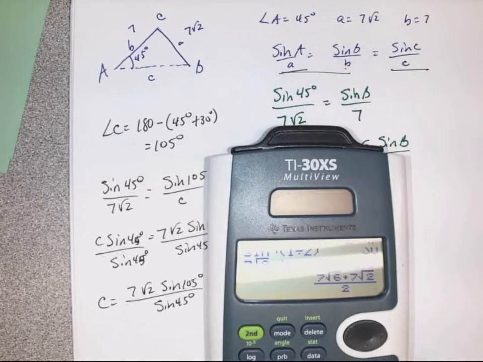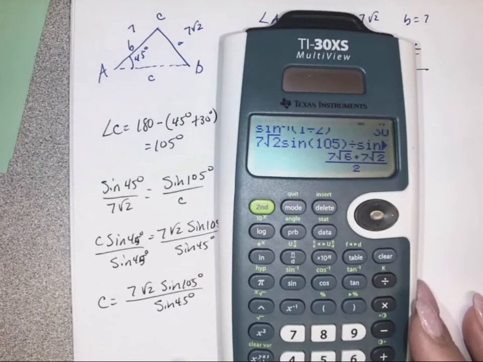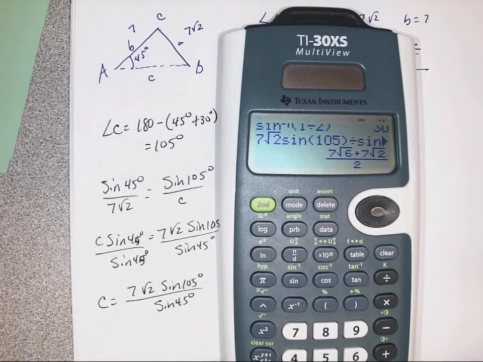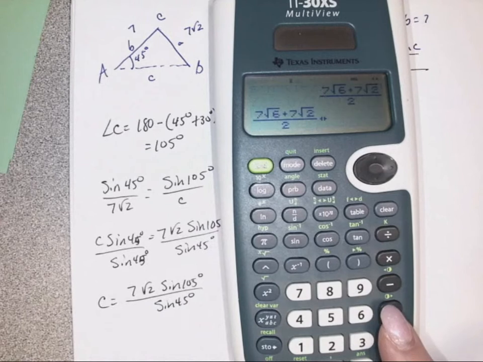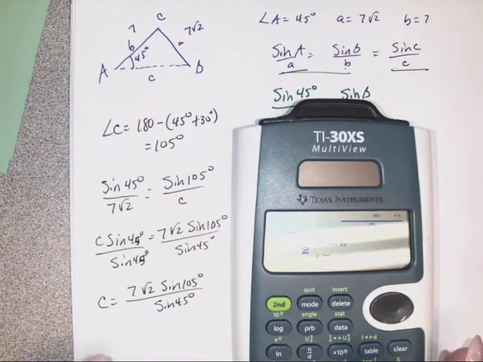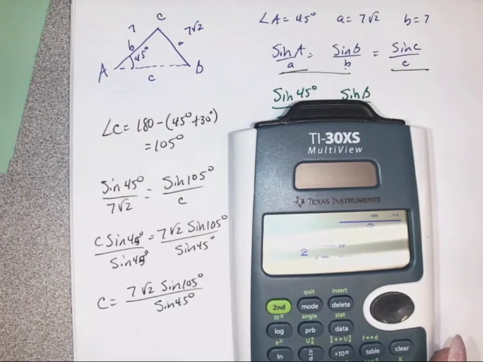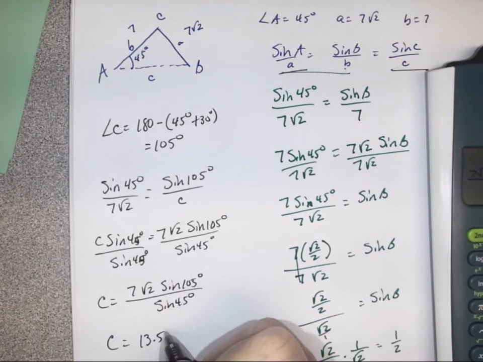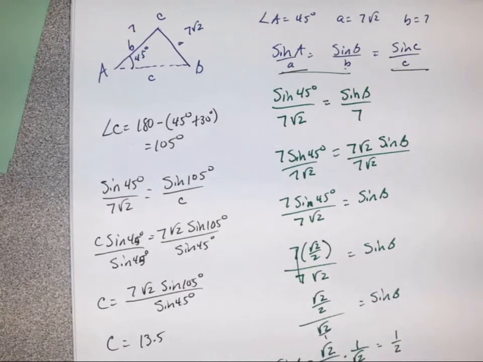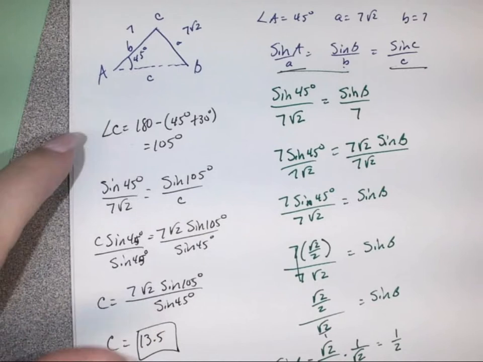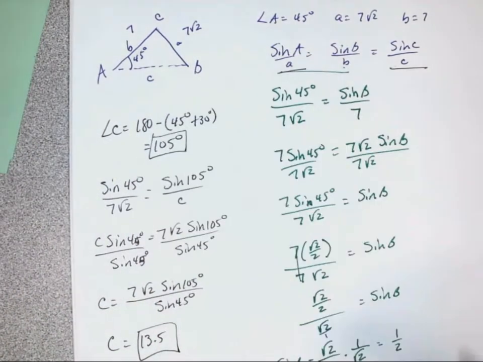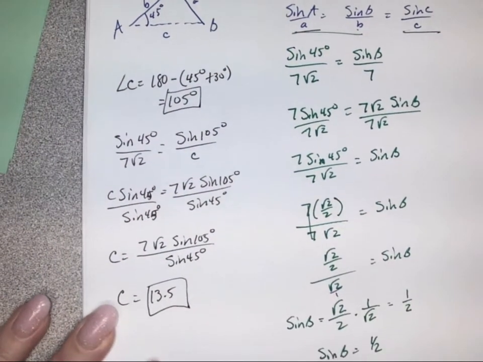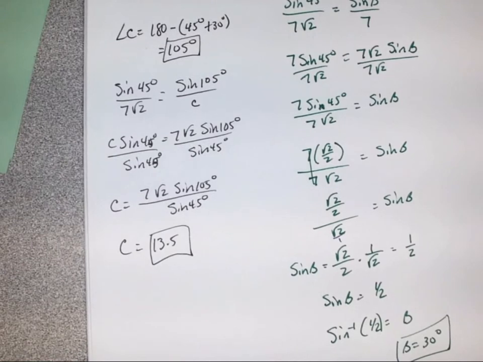It's giving us a big old number that's all square rooting, so I'm going to use my double arrow key on my calculator and get a decimal. So it's 13.5. So c would be equal to 13.5. So there we go. We have solved for c, we've solved for B, and we also solved for angle C. So we have solved for all of the 3 parts that we did not have.